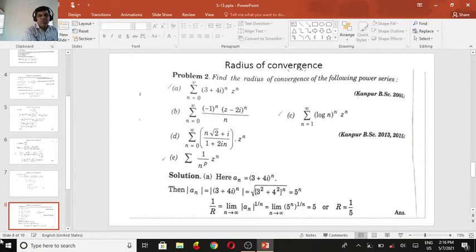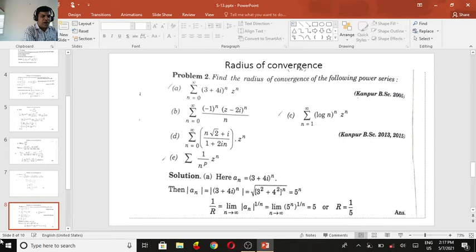Then the absolute value of a_n is equal to the square root of 3 square plus 4 square, whole power n. Simplifying, 3 square is 9, 4 square is 16, 9 plus 16 is 25, and the square root of 25 is 5. So we get 5 to the power of n.